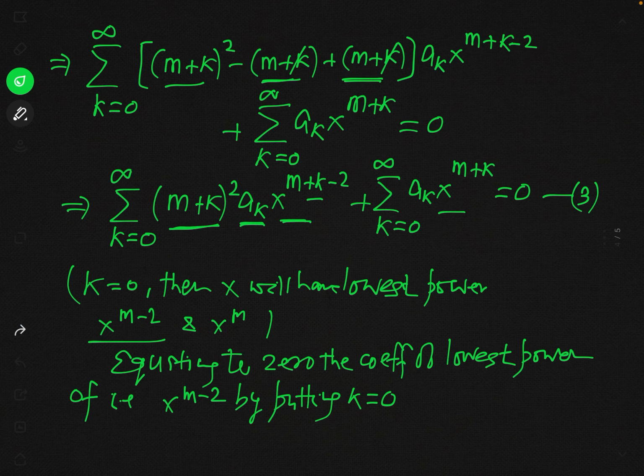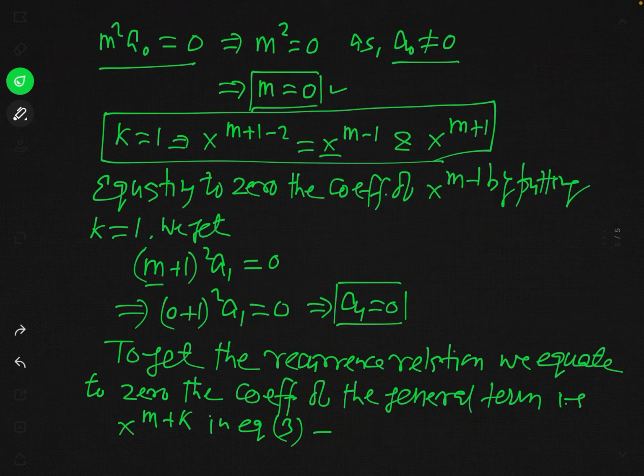So definitely in the first term we will replace k by k plus 2, so that the first term also contains x to the power m plus k. And in the second term, this x to the power m plus k is already present. So we will simply replace k by k plus 2 in the first term.